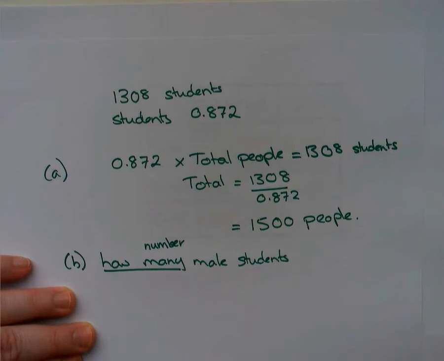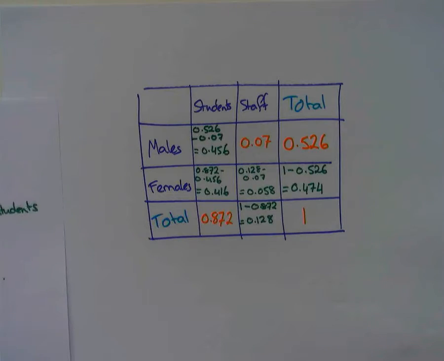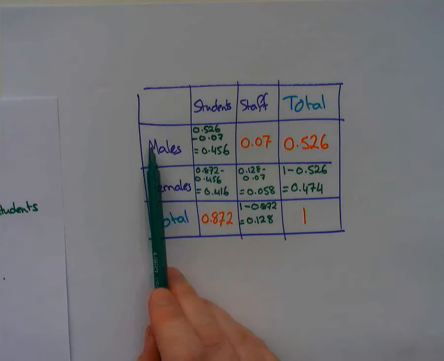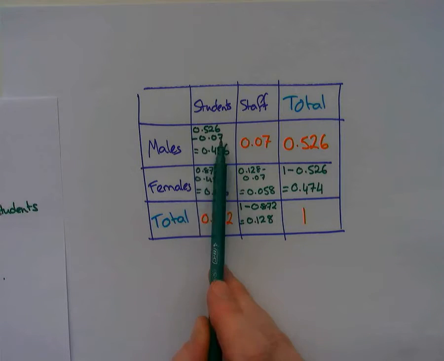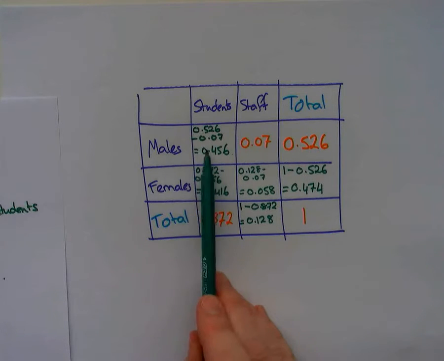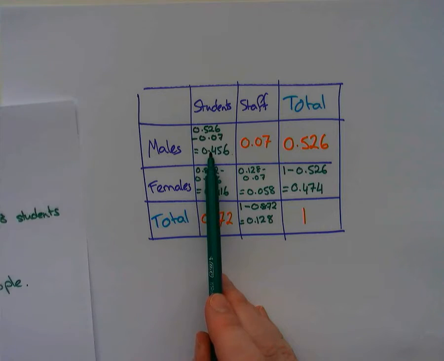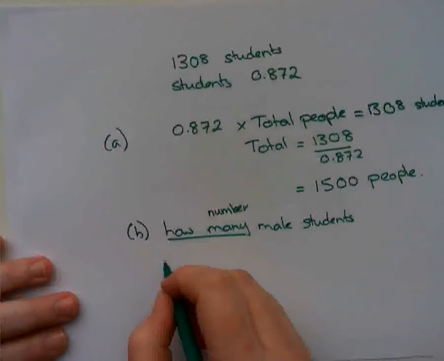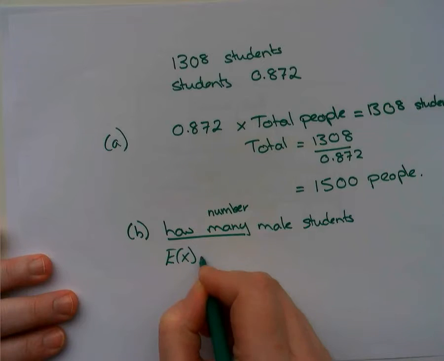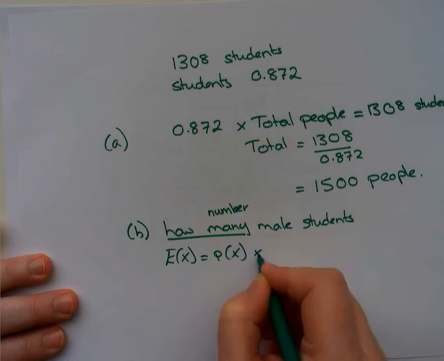So let's go back and look at our table. Here we go, male students. 45.6% of the people at the school in total are male students. I want to find the number of male students, so I've got my general formula: my expected value is my probability times n.